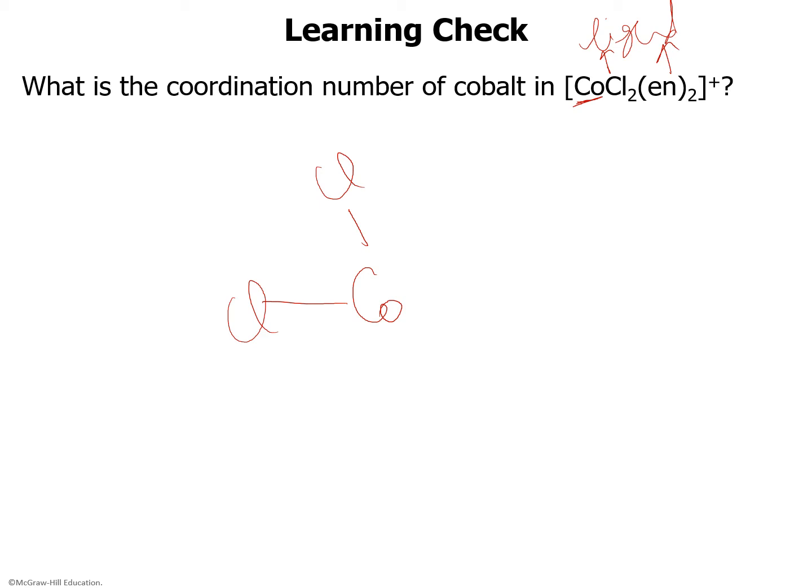Again, remember, En is a bidentate ligand, which means if I have one molecule of En, it will form two bonds with cobalt. So I can have one more En, it's going to form two bonds with cobalt. So each of these En would be forming two bonds.